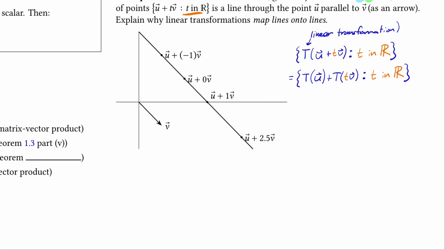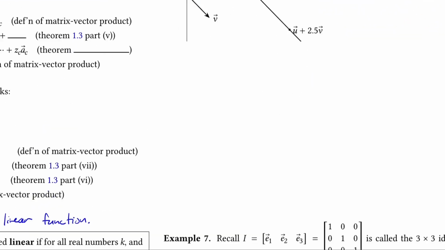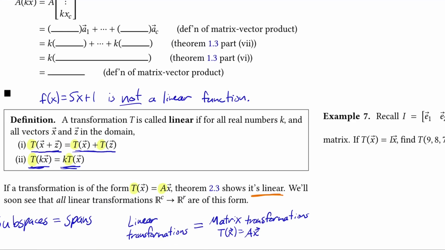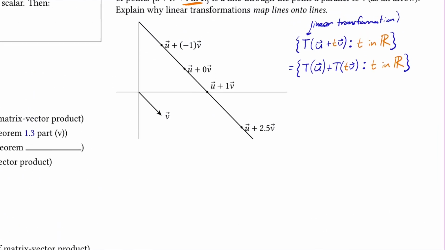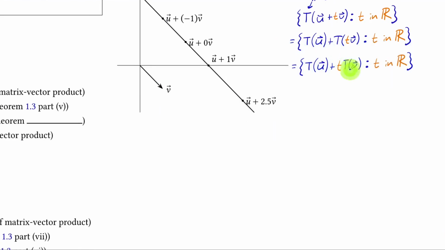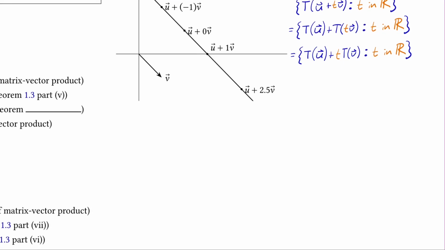And we can also take out the little t, because that's just a real number that we're scaling the input vector by. So you can just take that scalar out. And what do we get? Well, these output points are the set of vectors you can write as T of u plus any scalar multiple times big T of v.